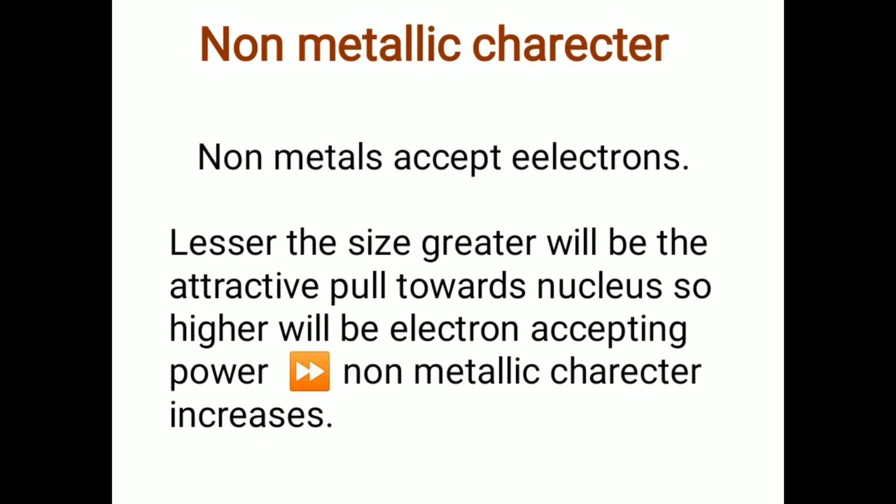And the second one is non-metallic character. So at first we have to know the non-metal. As a metal reacts by donating an electron, a non-metal reacts by accepting electrons. Here, the lesser the size, the greater will be the attractive pull towards the nucleus of the electron.